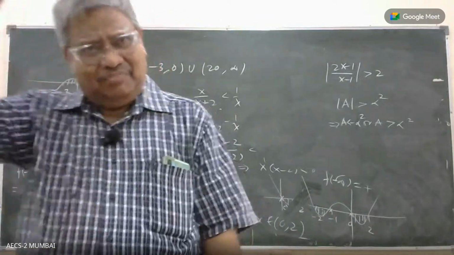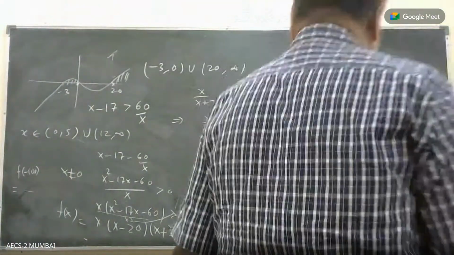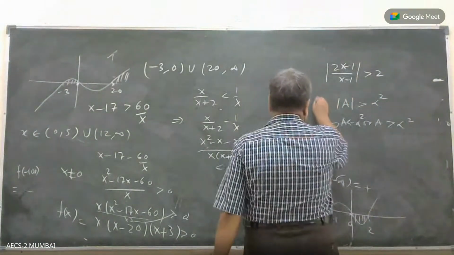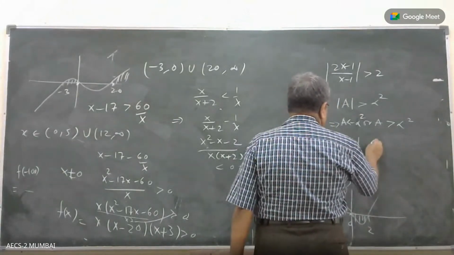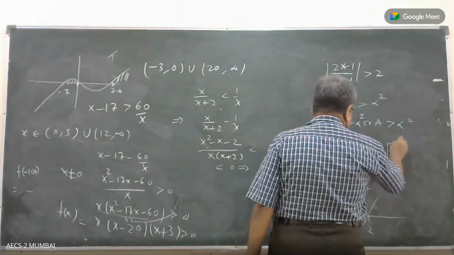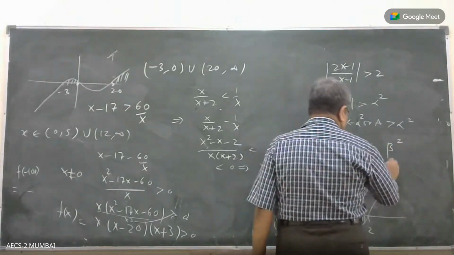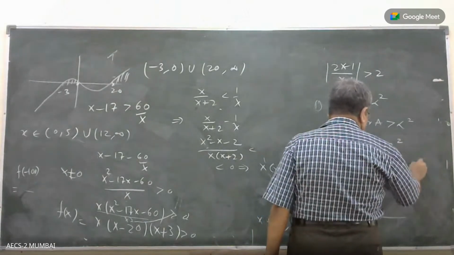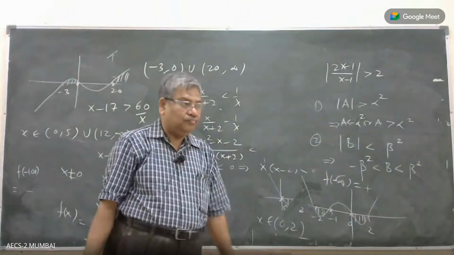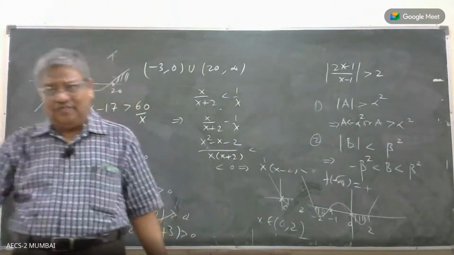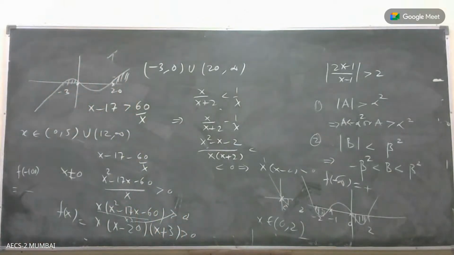Otherwise, remember, sometime you will understand. And second thing, if mod of b is less than beta square, this means b is less than beta square and greater than minus beta square. So remember this. If you have understood, very fine. And this will help you a lot in solving problems.